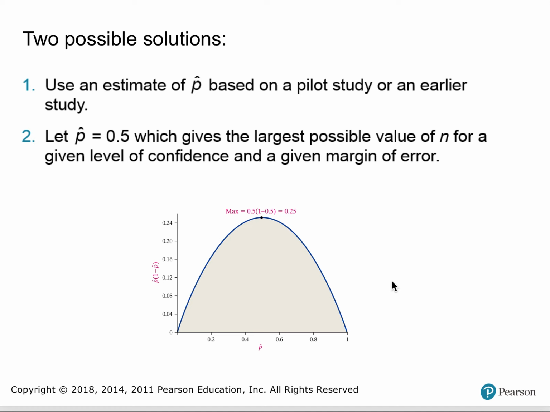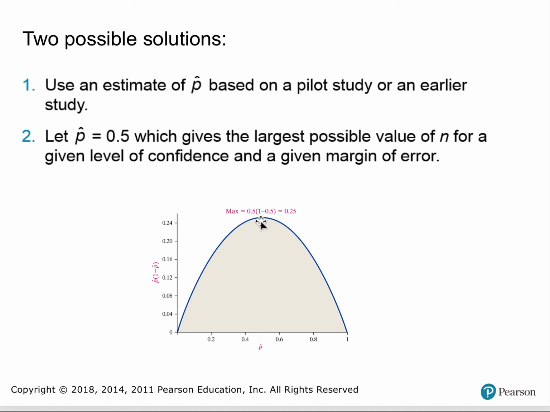How many individuals should be in your sample? We have two solutions to that question. One is to use an estimate of our parameter based on some earlier study, or just let your parameter be 1/2, since that's the largest possible value, because all of them will be between 0 and 1.